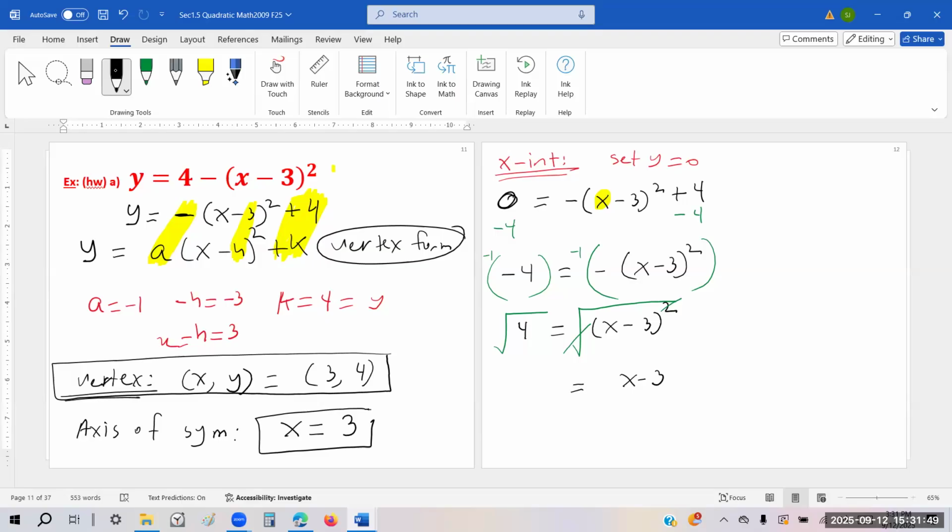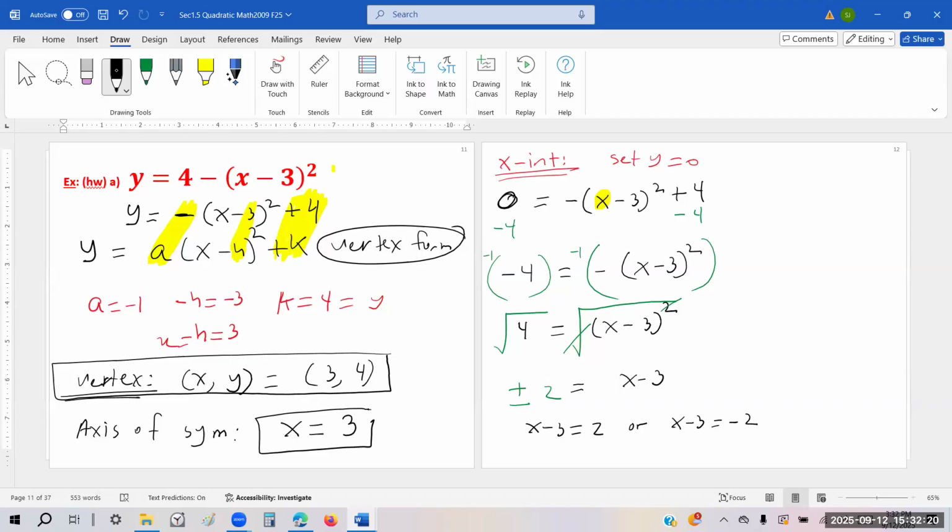And what do you get on the other side? Only 2? Plus minus 2. Anytime you take an even root of a variable, you're supposed to have two choices, positive and negative. So it means x minus 3 equals 2 or x minus 3 equals -2.